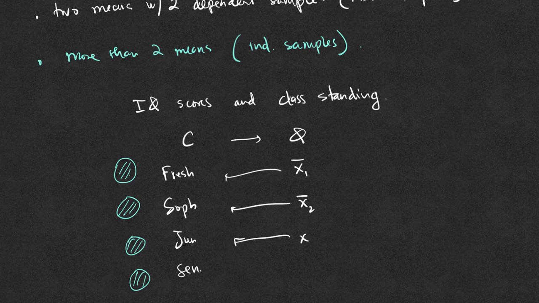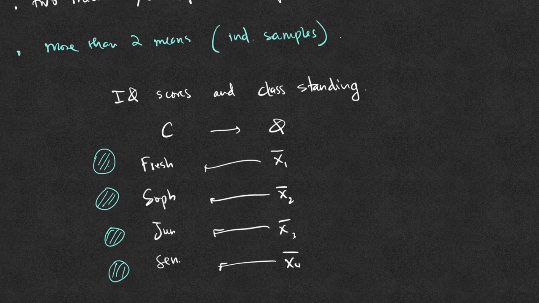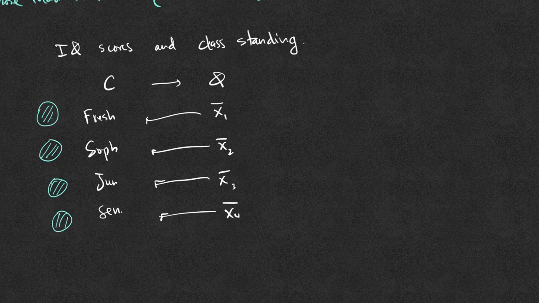And so we obtain 4 sample means, and we will use these 4 sample means to infer something about the subpopulation means. Specifically, we want to know if the average IQ scores are the same or different. And the test or the procedure that we will use to carry out such a test is called the ANOVA F-test.